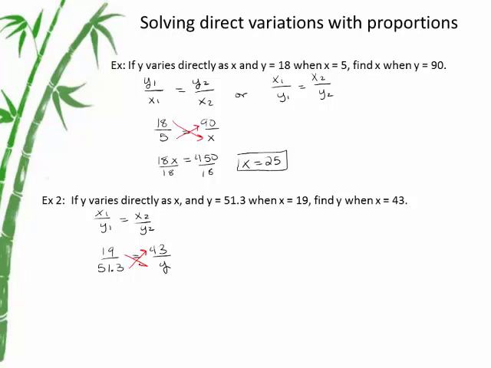I'll cross multiply, and I will get that 19y is equal to 2205.9. Divide both sides by 19, and you get that y is equal to 116.1.